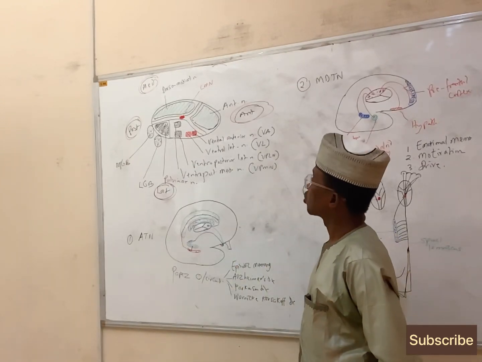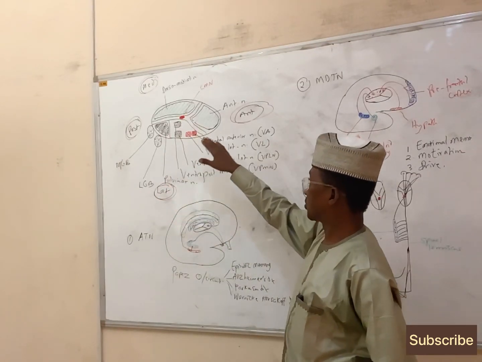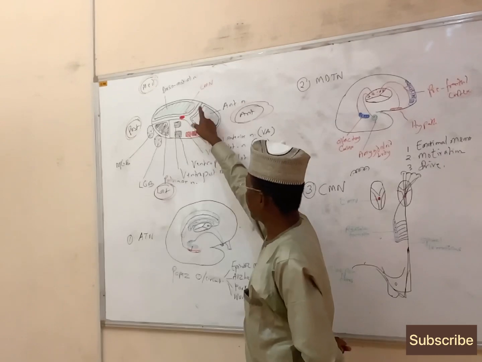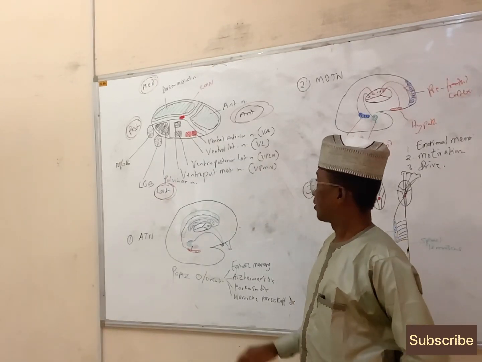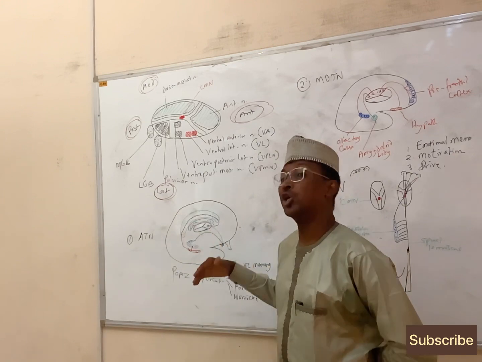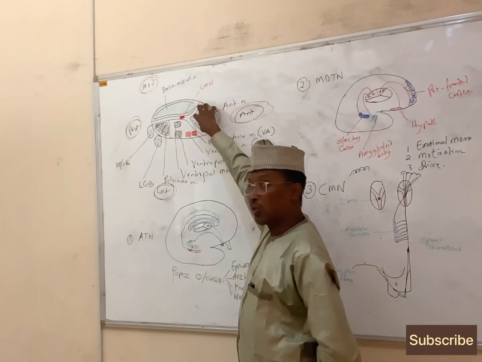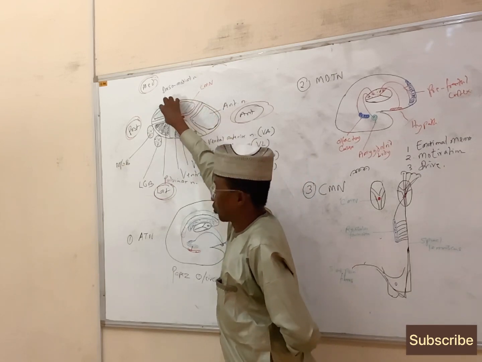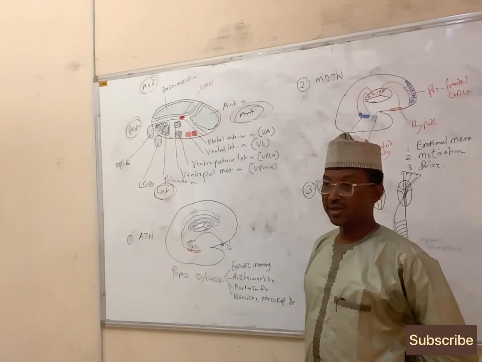So by the time you make a cross-section of the thalamus, you are going to see that the thalamus is divided into three unequal portions. That means the division is not equal. You have the anterior group of nuclei, you have those on the medial side, and then you have those on the lateral side.